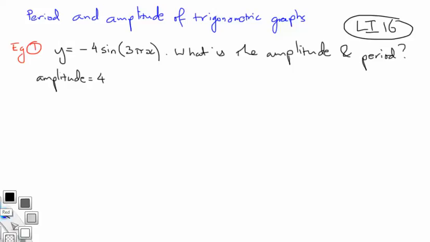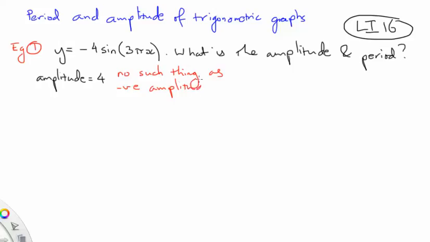There's no such thing as negative amplitude. Really important to know, because that's really common in multiple choice questions. They love asking students which one of these options is the amplitude, and I'll put a negative one there, and there's no such thing as that. You can only have positive amplitude.